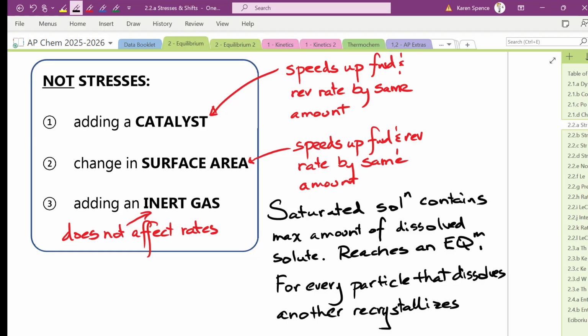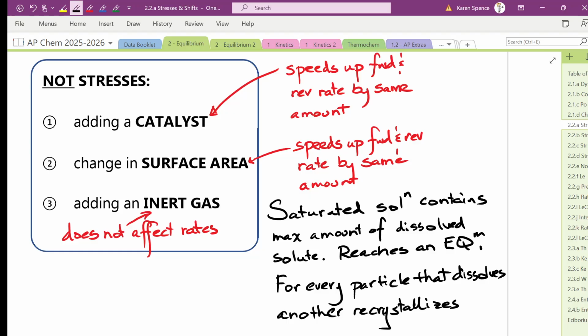Eventually, if you've got lots and lots of people outside the hotel, that hotel is going to get full. Now, anytime someone wants to go into the hotel, in other words, dissolve, someone has to check out of the hotel, in other words, recrystallize. Does that kind of make sense?